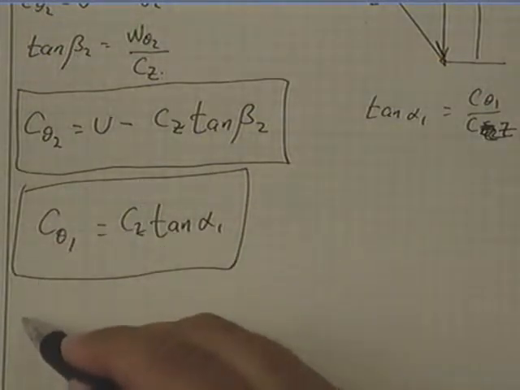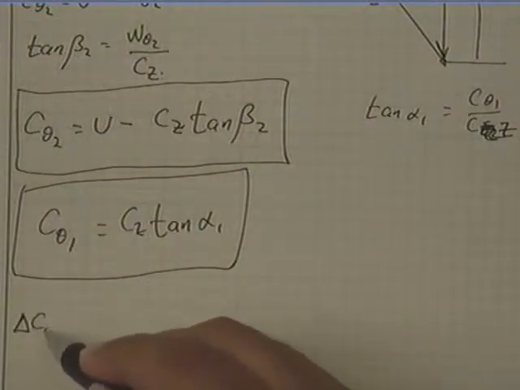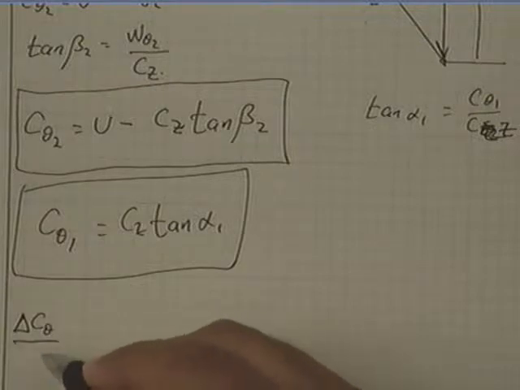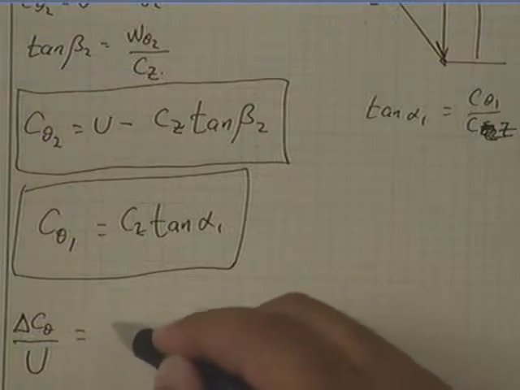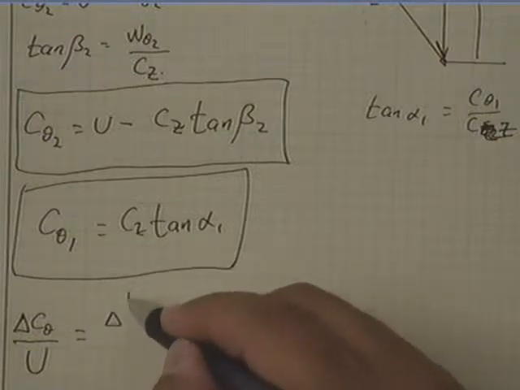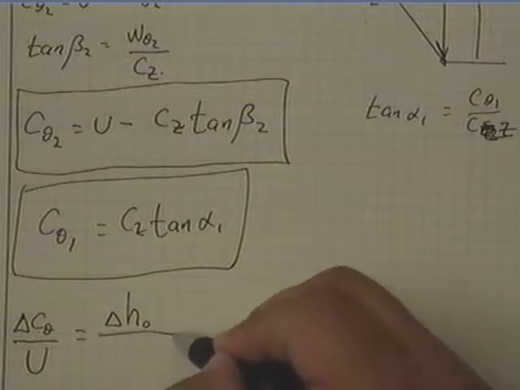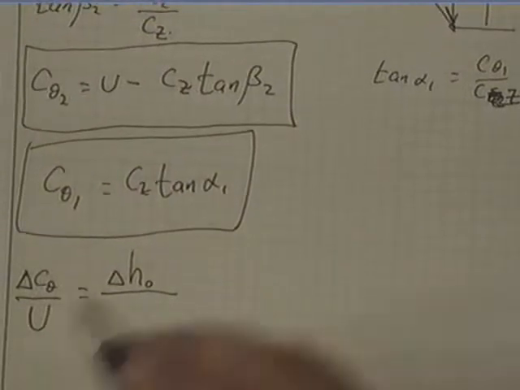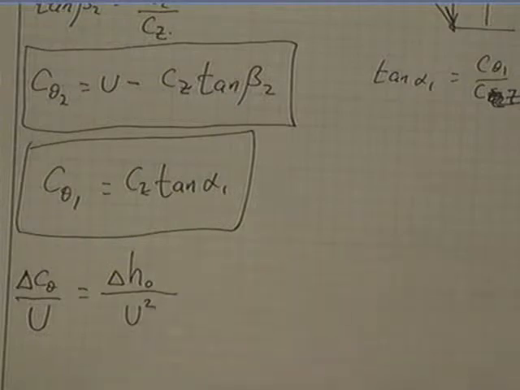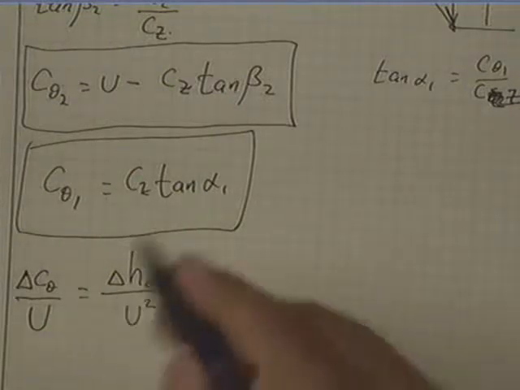And now substituting into our work equation, delta C theta over U, normalized to U, which is the same, remember, delta work put in over U squared. Go back and look at that equation that we had and substitute, you'd find that you can make this equivalence.